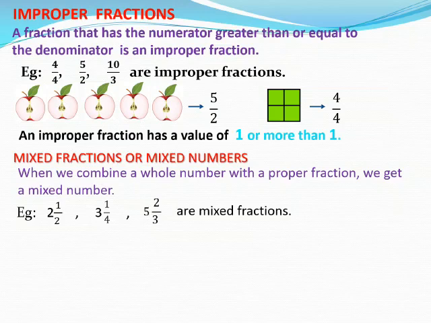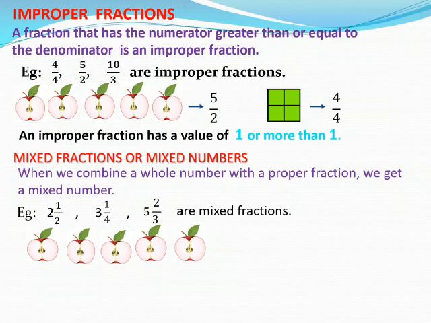Next, let us see the same example we have taken for improper fractions. How do we write the improper fraction for this figure? 5 by 2, right? Now, let us see when we join these 2 pieces together, each is half of an apple, right?